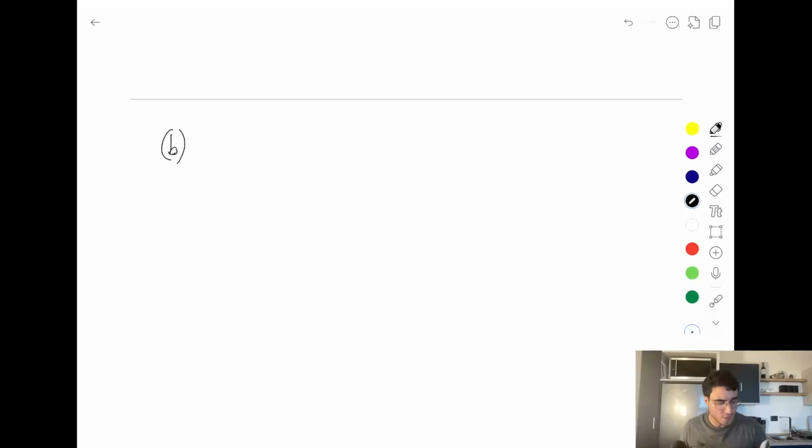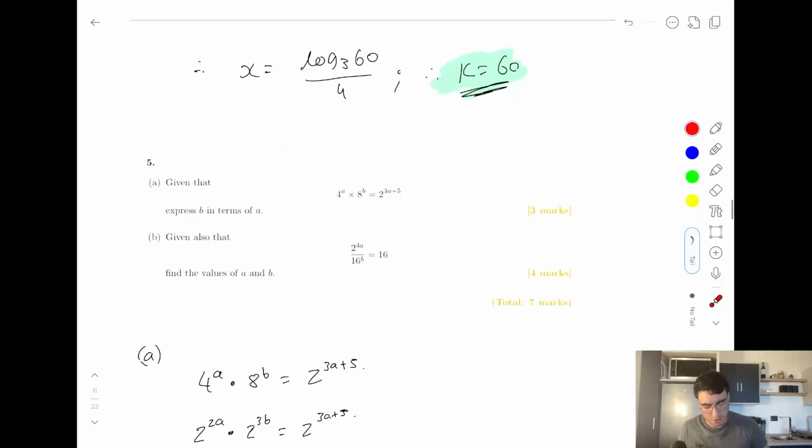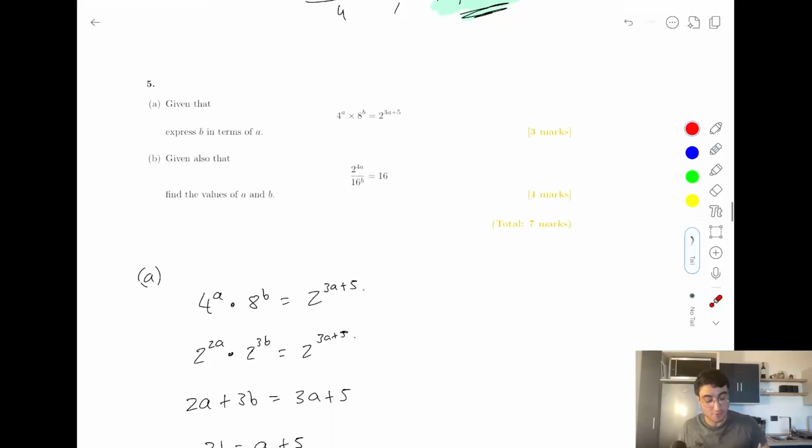All right, guys. So for number b here, we are told that given also that 2 to the 4a over 16 to the power b is equal to 16, we need to find the values of a and b. Okay.